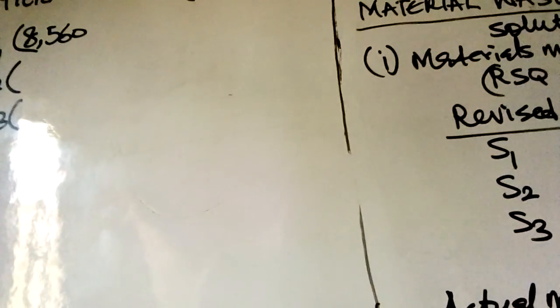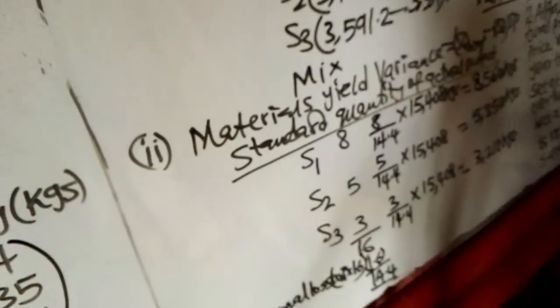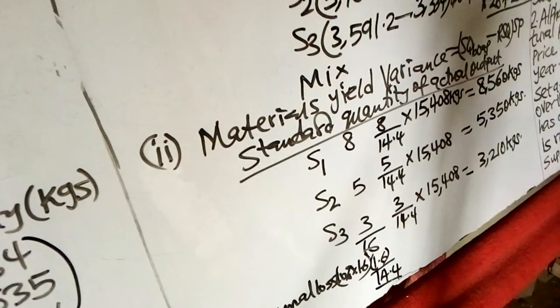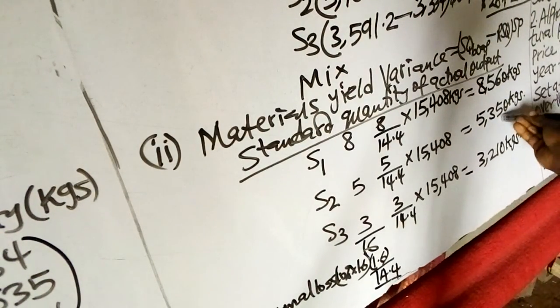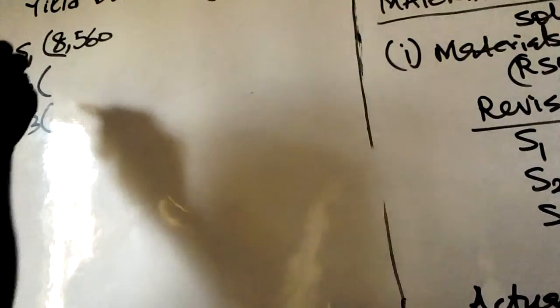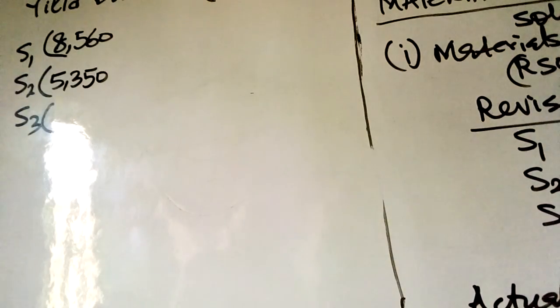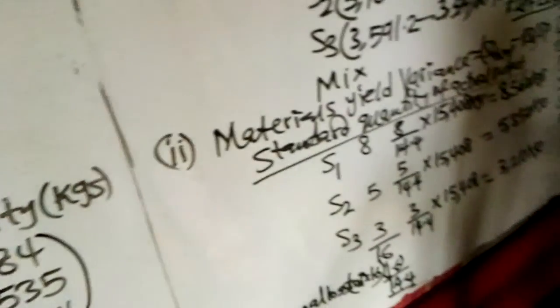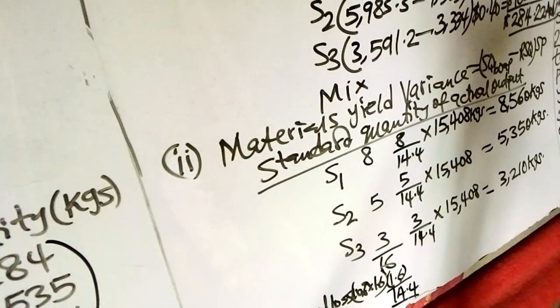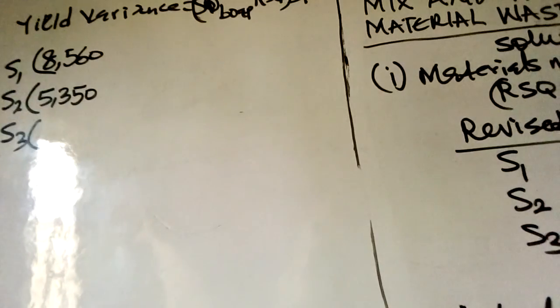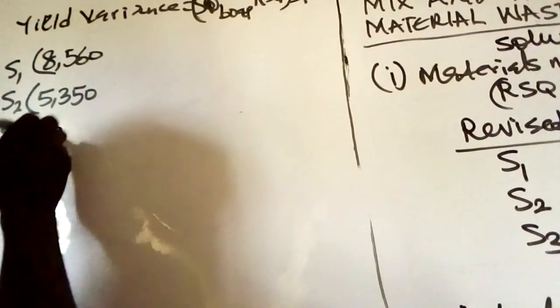For S2, we got 5,350. For S3, we got 3,210.